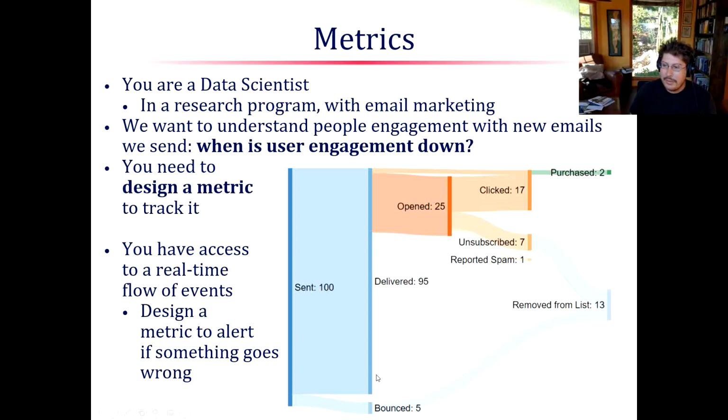Of the ones that are actually sent, 95% are delivered, so the ones that aren't bounced. Some percentage of those get opened, some are clicked, and some people actually purchase an item. Other people open the email, but they either unsubscribe or report the email as spam, so they get removed from the list.